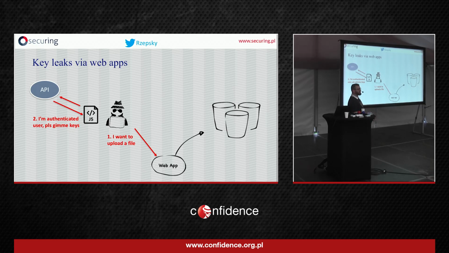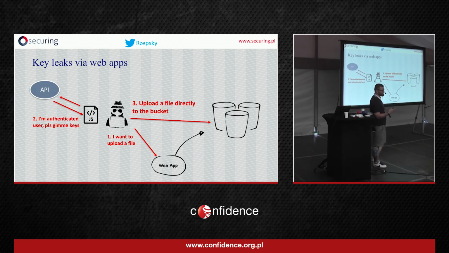It verifies my cookie to see if I'm authenticated, and if yes, it gives me the keys and the STS token. And having it, I was directly uploading files to the bucket. However, with those keys and the STS token, I was able to read all the content of these buckets.